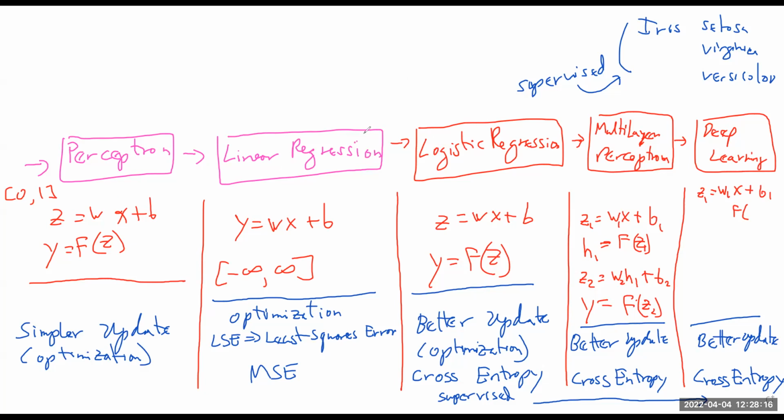Logistic regression is 0 to 1, not 0 or 1, because it tries to be a type of probability. Right? It tries to be a probability. Okay? And then this one is just any number. But you have the optimization here.